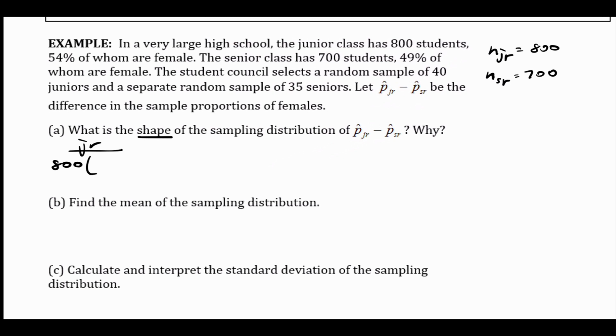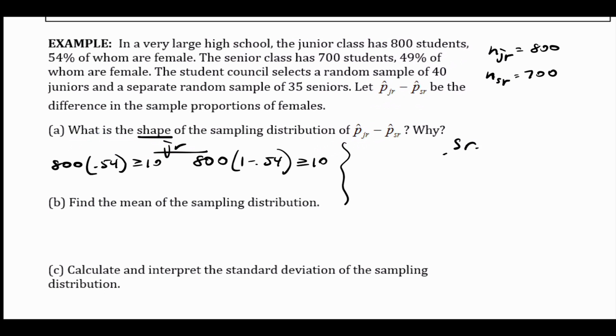So P for the junior class is 54%. So we want to check this. Do we want to check to make sure 800 times 0.54 is greater than or equal to 10? And we also want to check that 1 minus. And then we want to do the same for the senior class. Their sample was 700. So 700 times P, which is 0.49, and 700 times 1 minus 0.49.